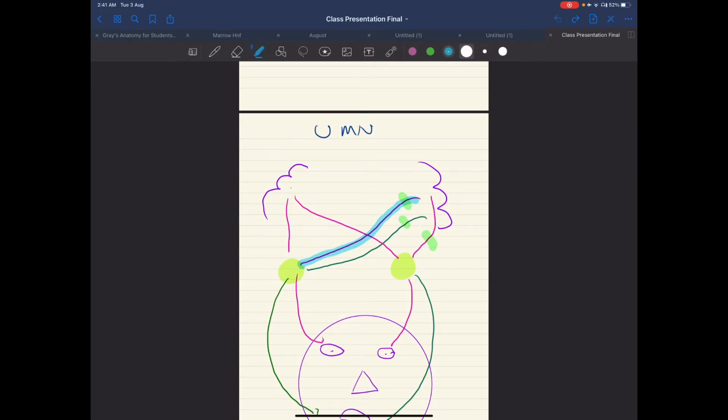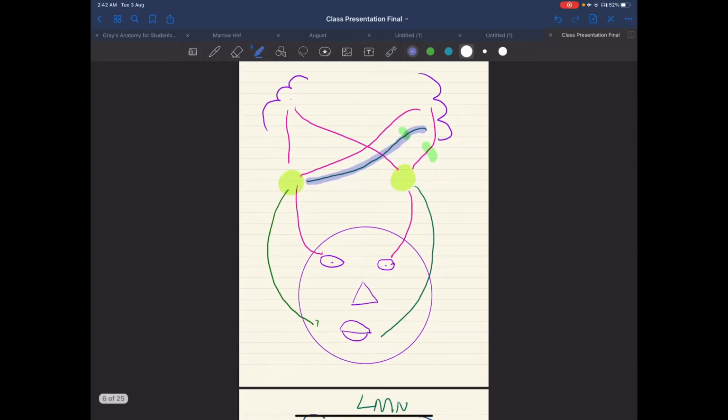So what will be lost in the upper motor neuron lesion, you ask? Look at this. Sorry, my bad, wrong color choice. Look at this. This is a contralateral fiber, the only fiber which is supplying the facial nucleus for the lower half of the face of the contralateral side.